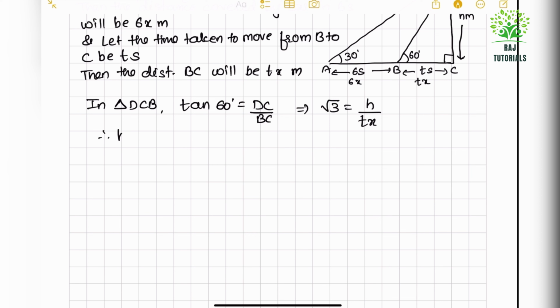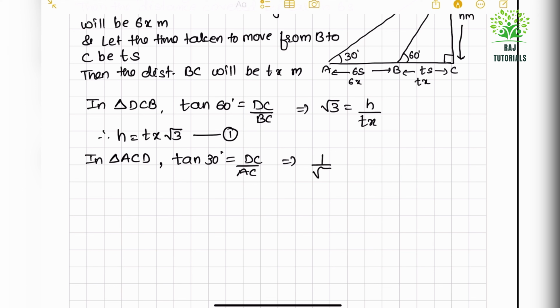So putting the values, tan 60 means root 3 equal to h upon tx. So therefore h will be tx root 3, that is 1.